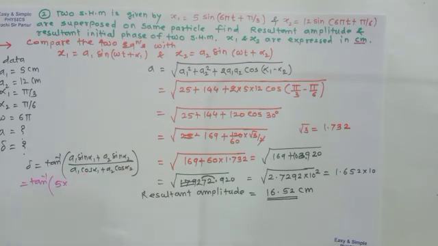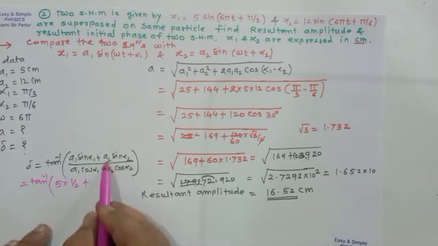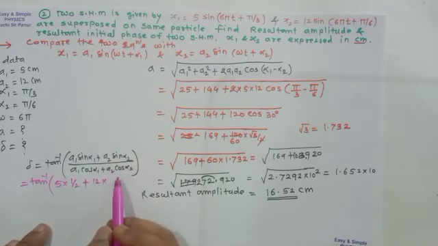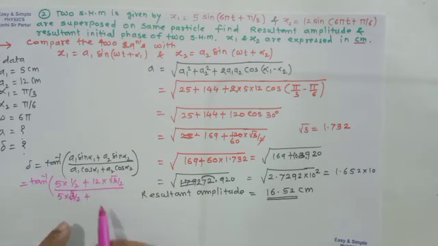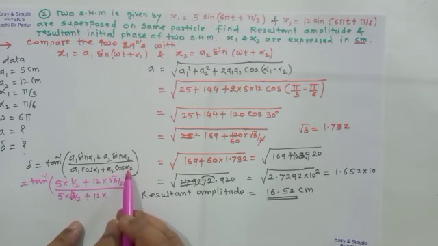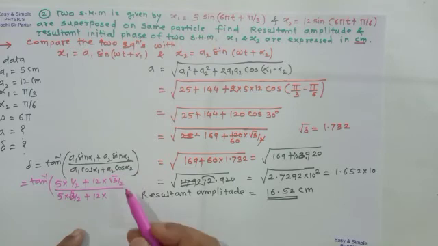So here sin 60 will be square root of 3 upon 2, plus a2 will be 12 multiplied by sin 30, and sin 30 will be 1 upon 2, divided by a1 5 into cosine alpha 1, cosine 60 will be 1 upon 2, plus a2 is 12 multiplied by cos of 30.